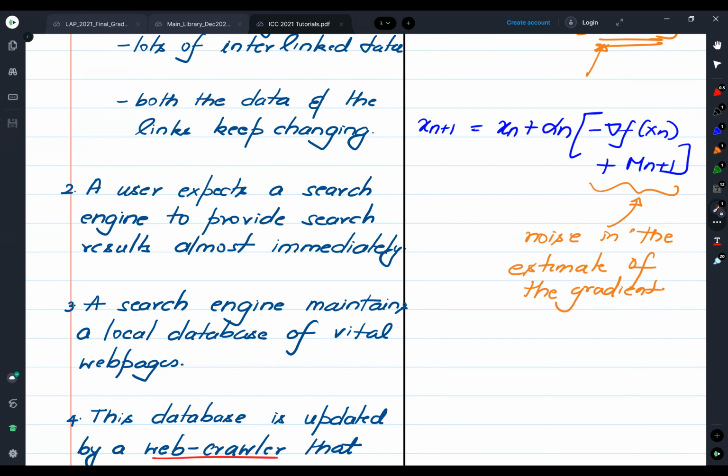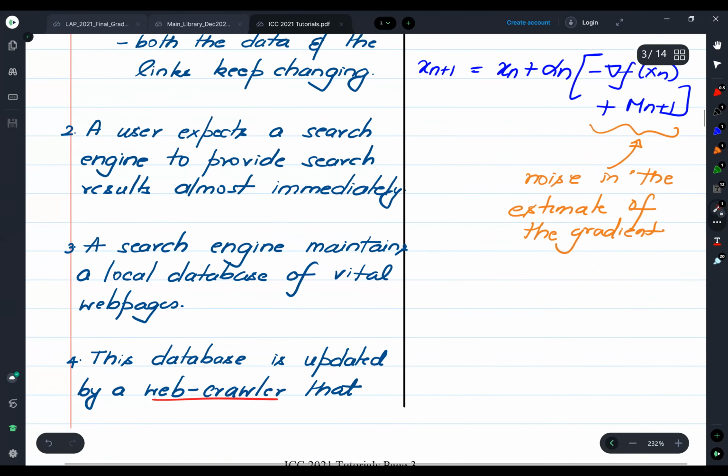So a search engine decides, here are the most important websites in the world, and I will download a copy of these web pages on this local database. So whenever a user comes and puts in a query, it doesn't go and search at that time. It just looks in the local database, fetches the answer and gives you back the answer. This is the reason why a search engine is able to provide search results almost immediately.